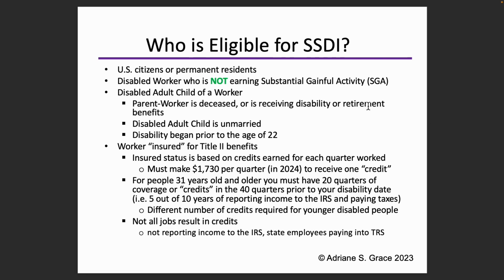And because it's under the SSDI program, you don't have to worry about the income and resource rules anymore. They will move your child over from SSI and onto your disabled adult child benefit, and it results in higher monthly benefits for your child, not having to worry about income and resource rules anymore, and eligibility for Medicare once your child has received 24 months of the disabled adult child benefit.